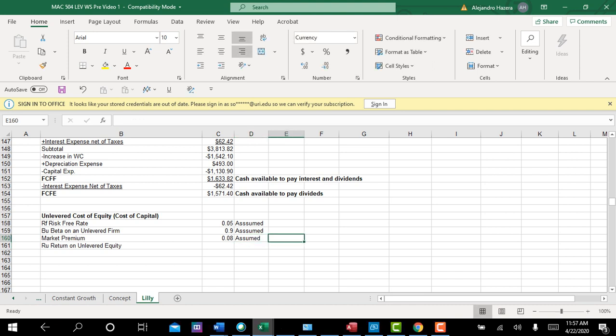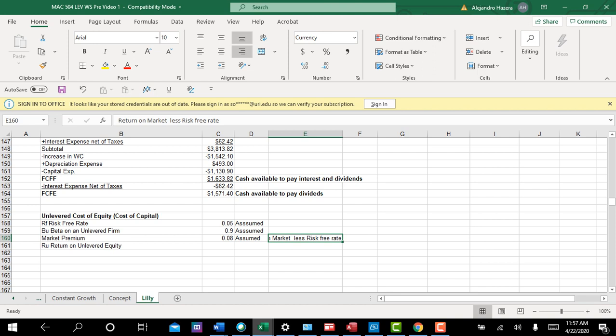Okay, and 8%, really 8% should be equal to more or less the return on market less the risk-free rate. Okay, and I'll go ahead and stretch this out here.